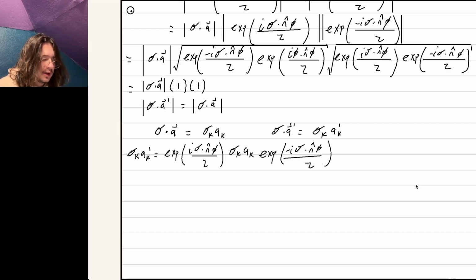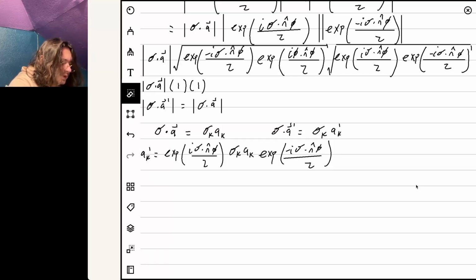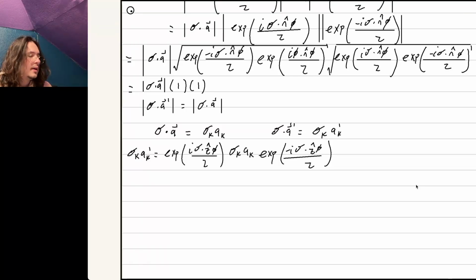The problem does specify that n hat is in the z direction, so n hat I'm going to rewrite as z hat. The sigma here is a Pauli vector, so if z hat is your vector that you're dotting it with, you're just going to end up with sigma 3.